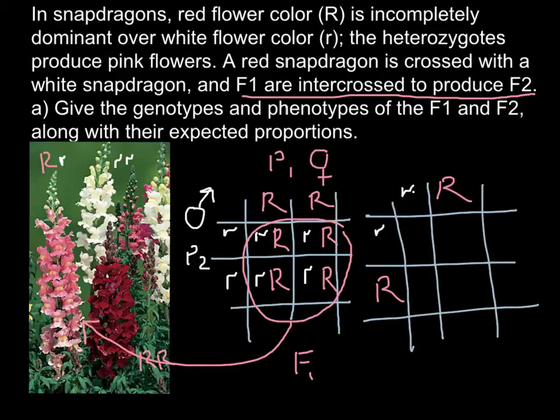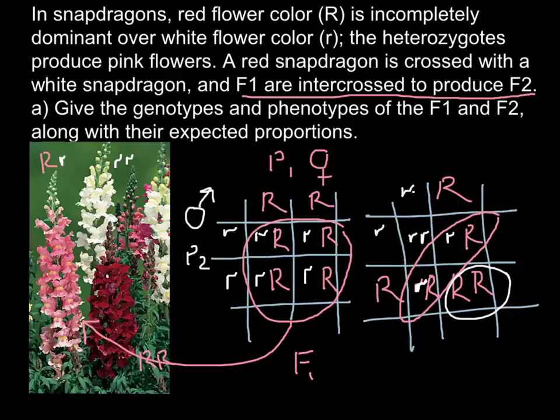So what we have here is 2 small r's in this box, small r and capital R here, and small r and capital R here, and capital R and capital R in this box. So what we see here are 3 genotypes. Here is one genotype, here is a second one, and here is a third one.